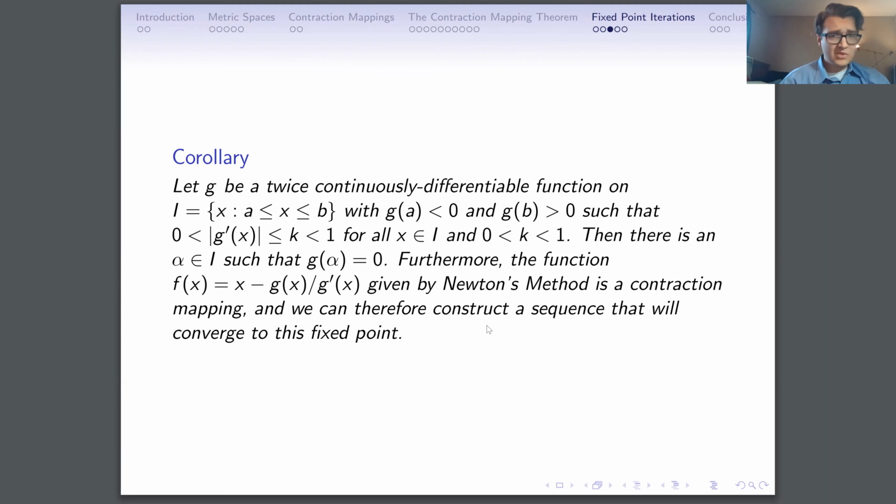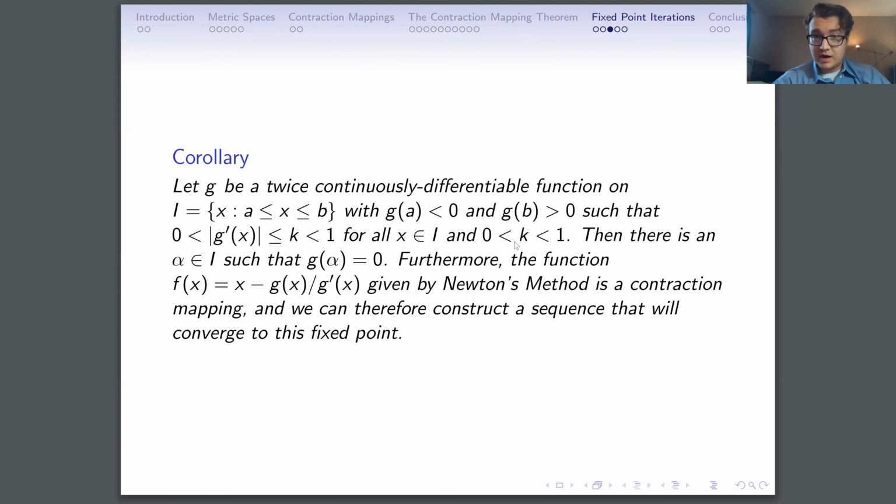So if g is some twice continuously differentiable function on some closed and bounded interval of the reals, let's call it I, such that g of a is less than 0 and g of b is greater than 0, right? So there's a change of signs here, such that 0 is less than the absolute value of g prime of x, which is less than or equal to k, which is less than 1, for all x in your interval, and k between 0 and 1, right?